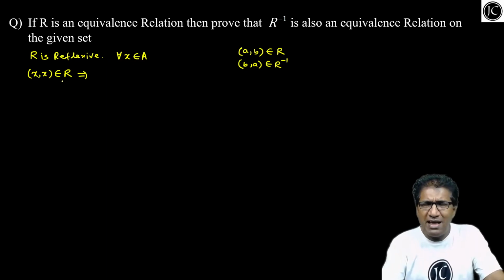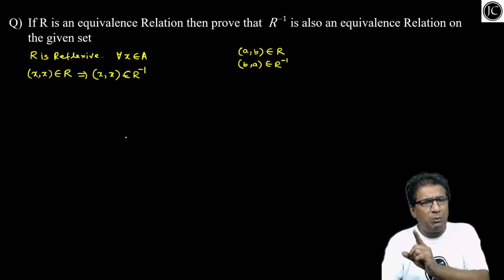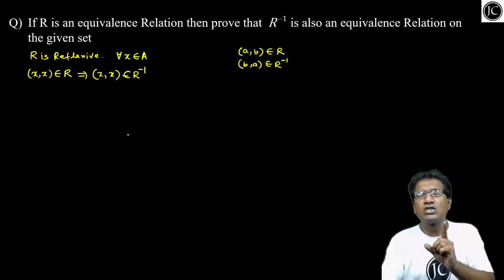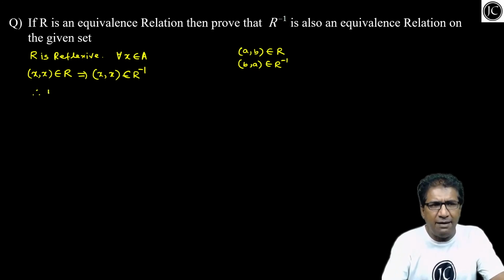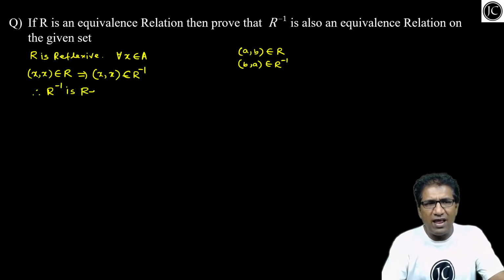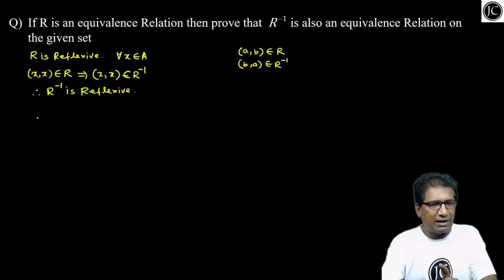So (x, x) belongs to R implies (x, x) belongs to R inverse. That means for all x belongs to A, (x, x) belongs to R inverse. Therefore we can say R inverse is reflexive. Done? Okay. Now we have to prove that R inverse is symmetric.